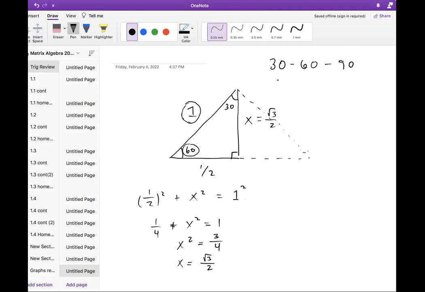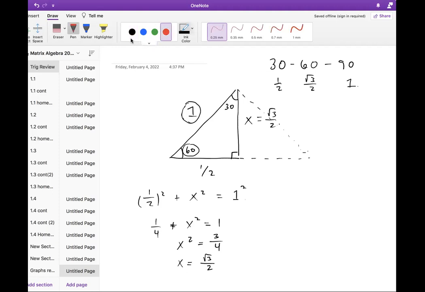So length 1/2 will always be opposite 30. Length radical 3 over 2 is always opposite 60. And then obviously, because we designed it this way, the hypotenuse is 1. So one thing to remember is that larger angles are opposite larger sides.